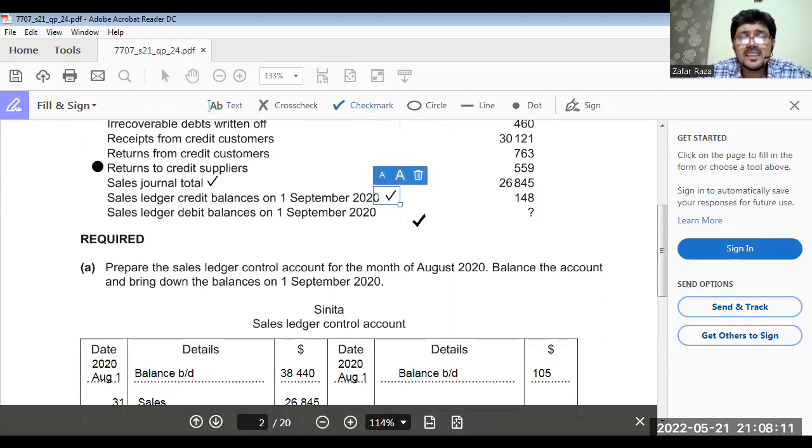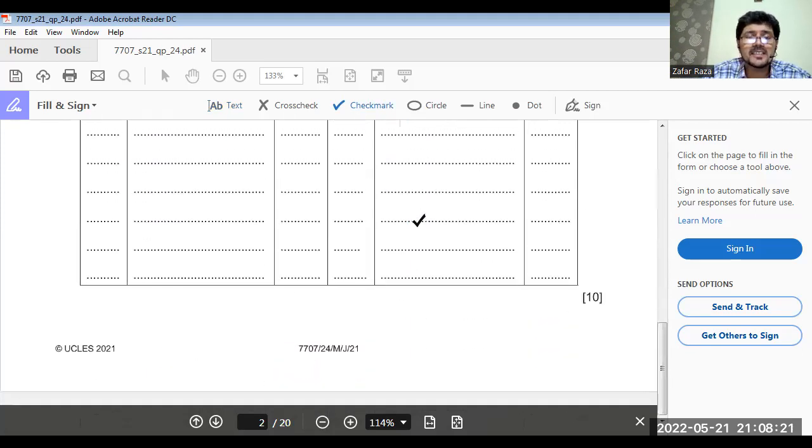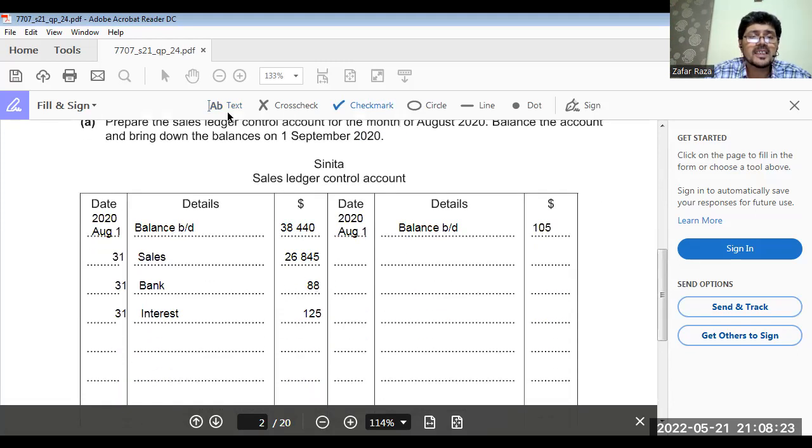This is the trade balance on 1st September. So it is going to be the closing balance on 31st August. It is going to be reported on the debit side as balance CD 148. Balance CD.